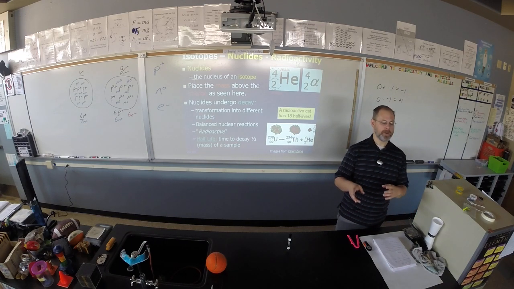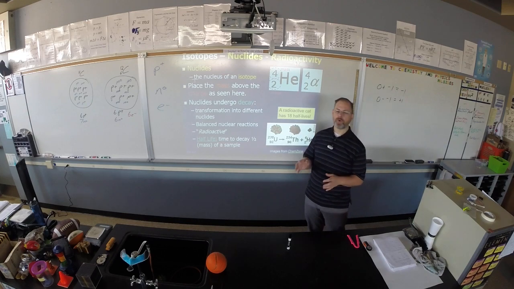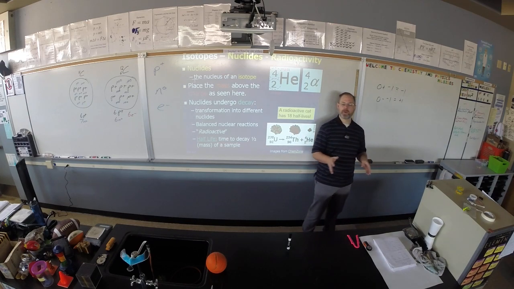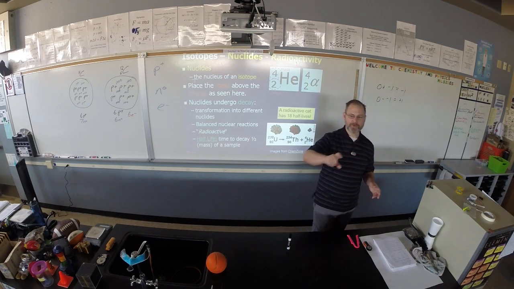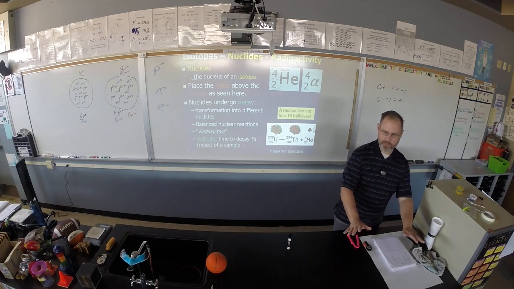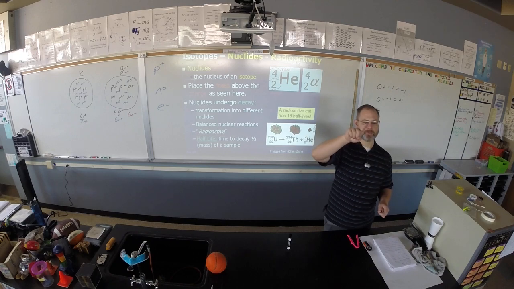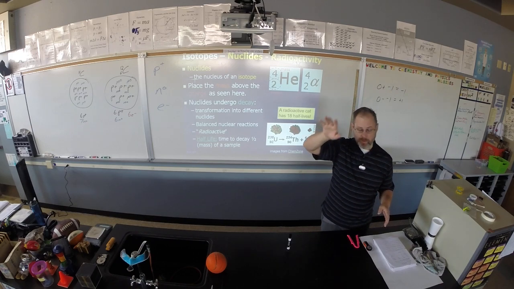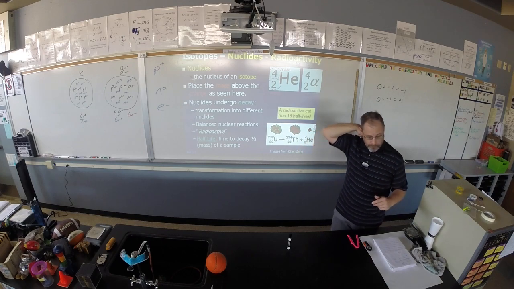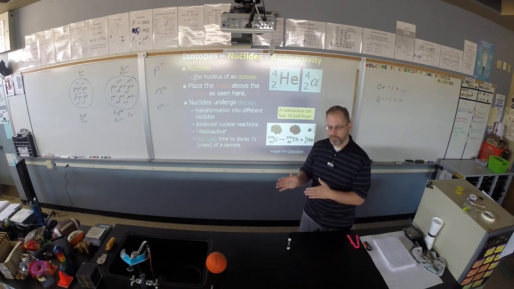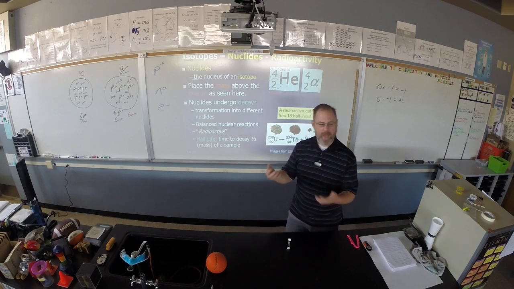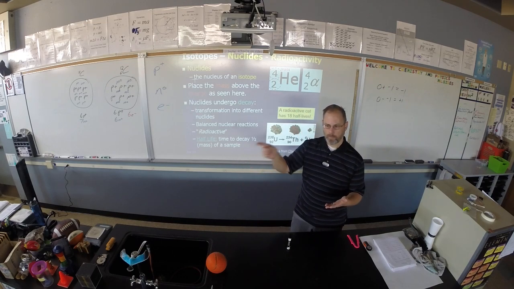Now, if you look on internet tutorials, there's some crazy math on half-lives with natural logarithms. We're not going to use those. The math that we're going to use in this class is 1/2 raised to a power. That's it. Let me give you an example. If you have 100 grams, and then it becomes 50 grams, how many half-lives went by? 1.